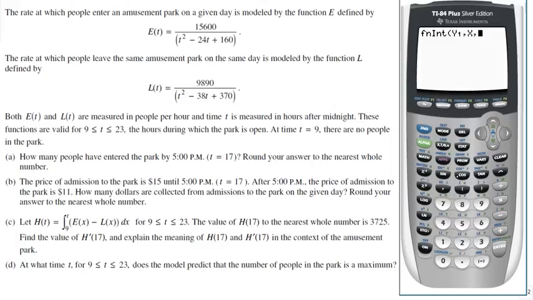Then the next thing I enter is the lower limit, which is 9, comma the upper limit, which is 23. Sorry, in this case I want to go only to 17. And I run that and I get, rounded to the nearest whole number, 6004.